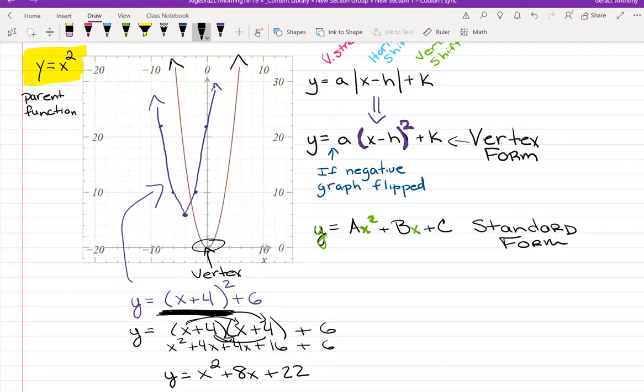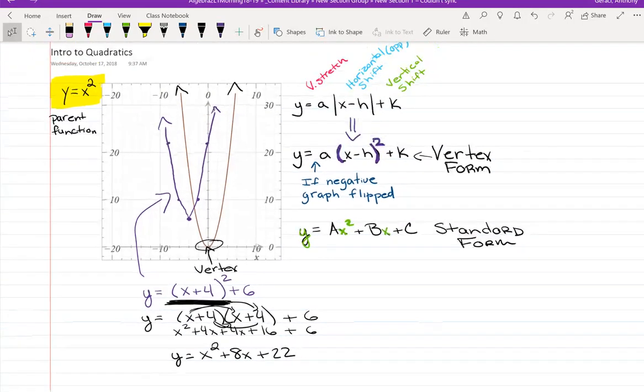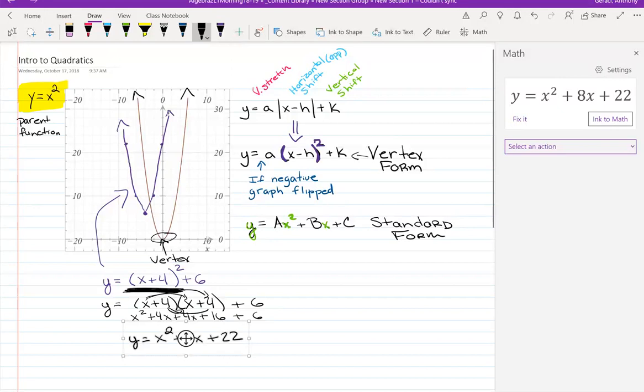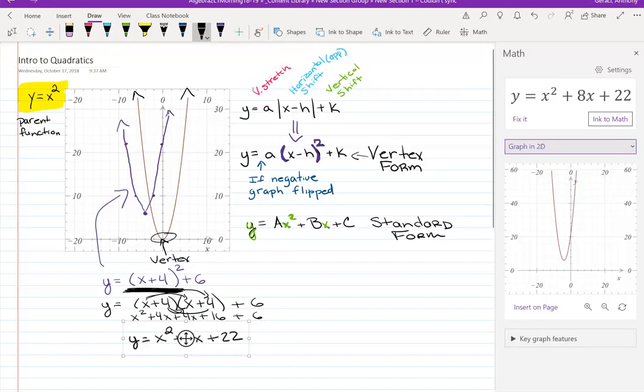Okay, so if I graph this, it should look very similar to this over here. So let's see if this works. Highlight it, hit math. I want to graph in 2D.